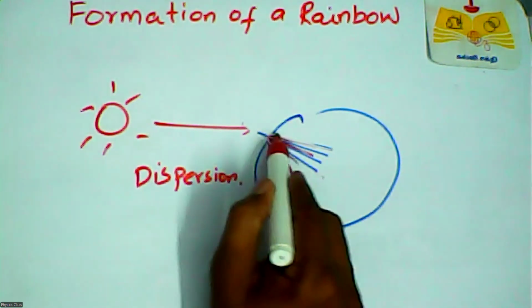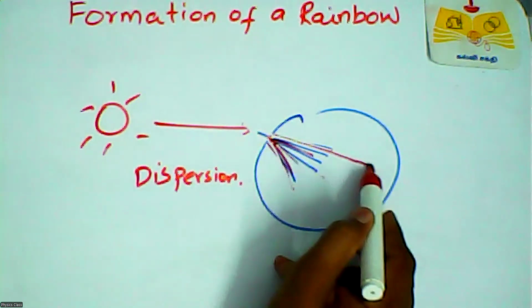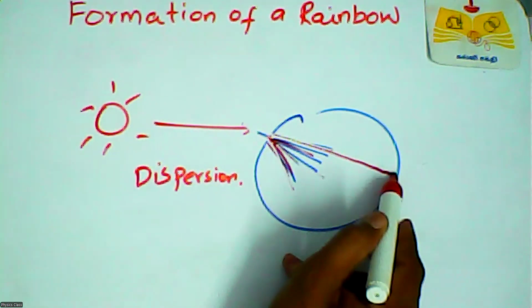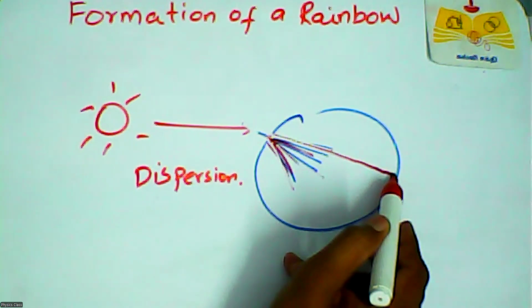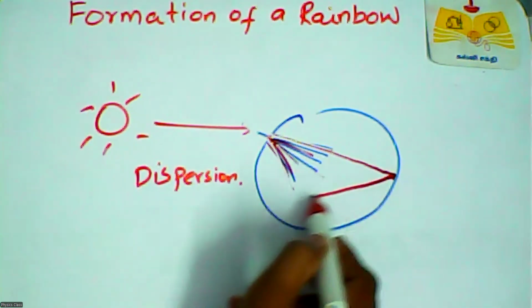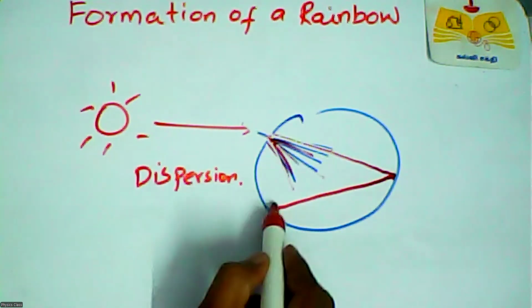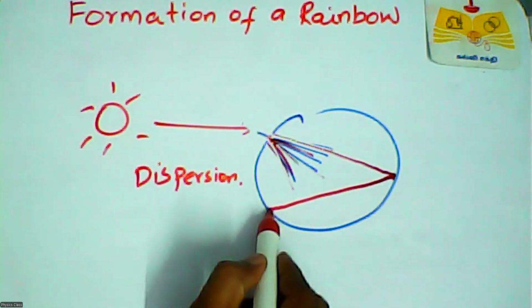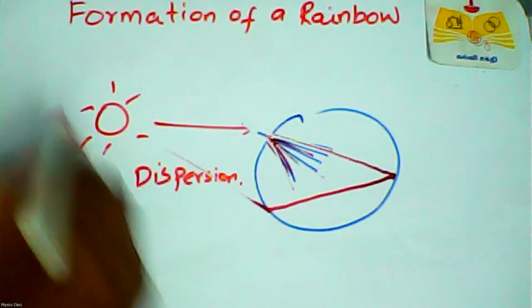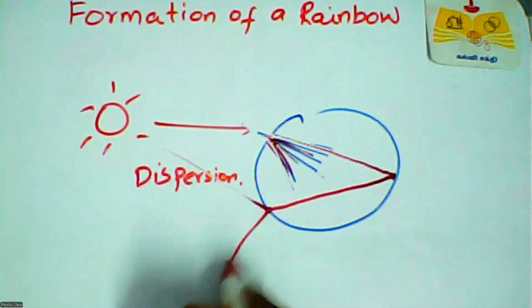Then this dispersed light is reflected back from the inner surface of the water droplet and bounces back toward the front. Here the reflected light exits the water, bending again due to refraction.